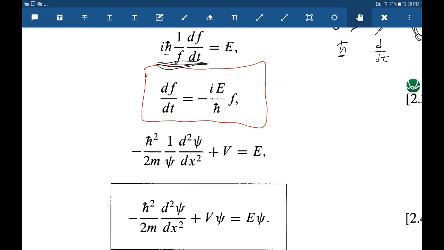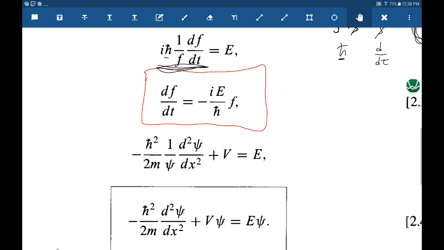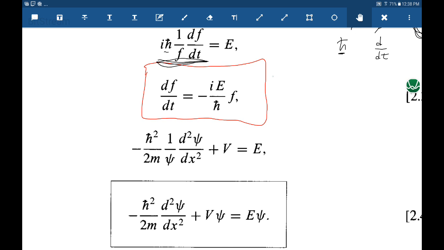Now here we're just rearranging it. So here, dividing both sides by i over h bar. So I have this guy, it looks like this. It equals E. I divide both sides by i over h bar. And then I get this.